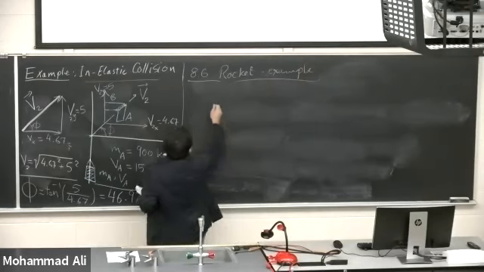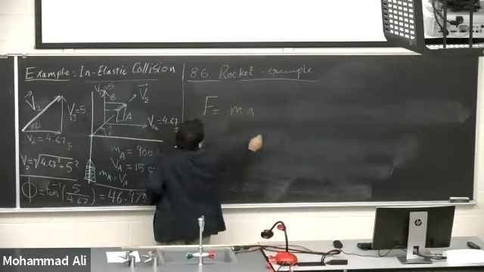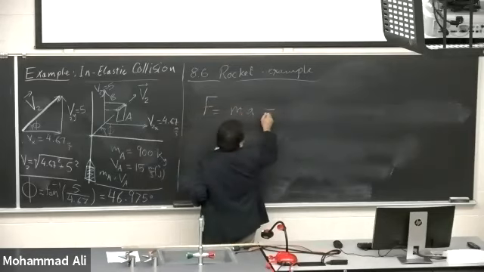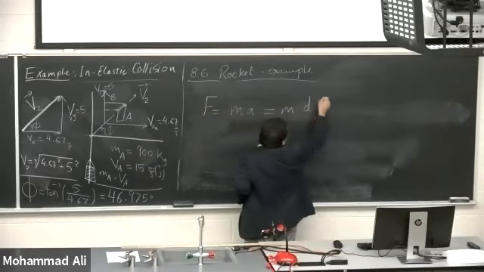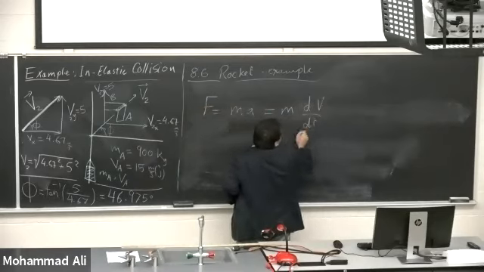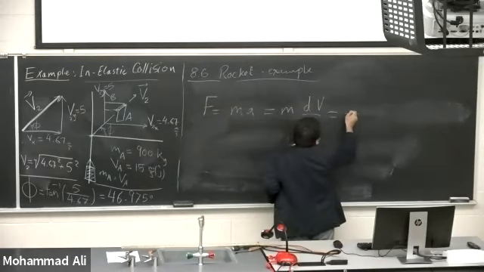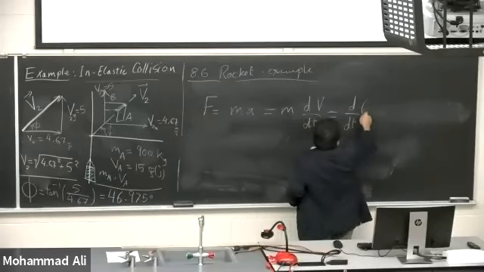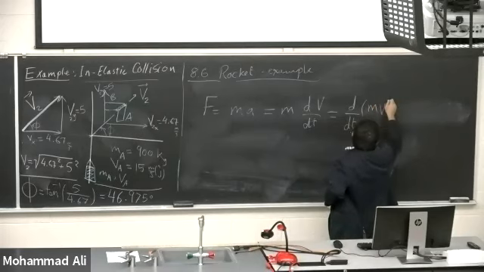We know that the force in general is equal to ma, which is m multiplied by dv by dt. But if we enter the mass inside the time derivative, this is velocity.